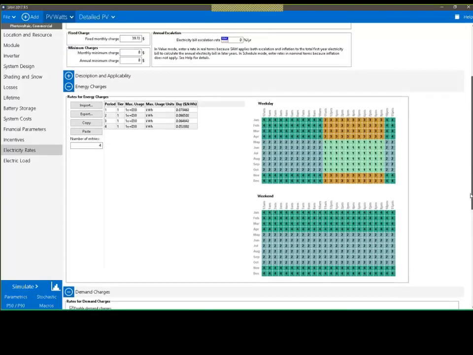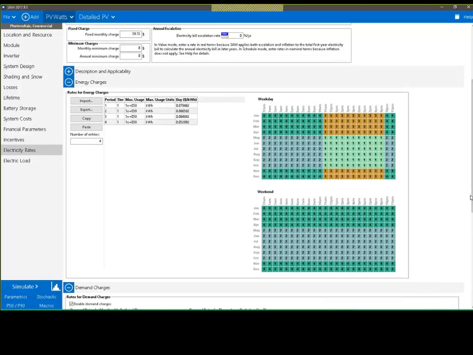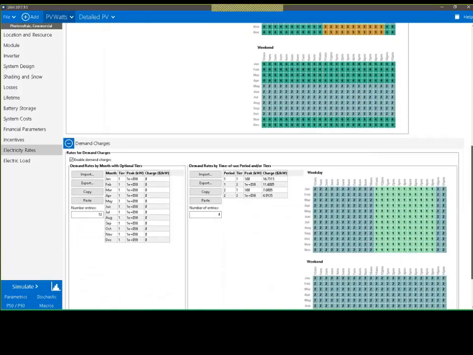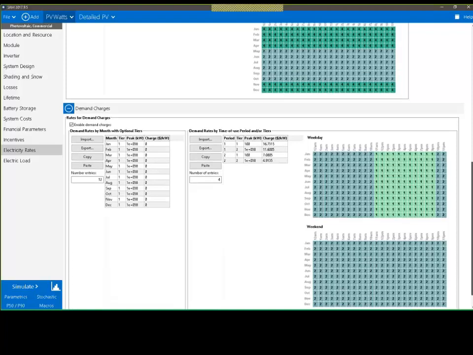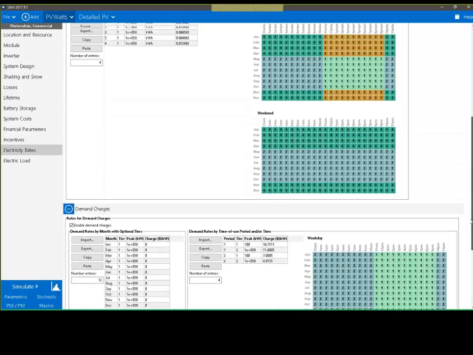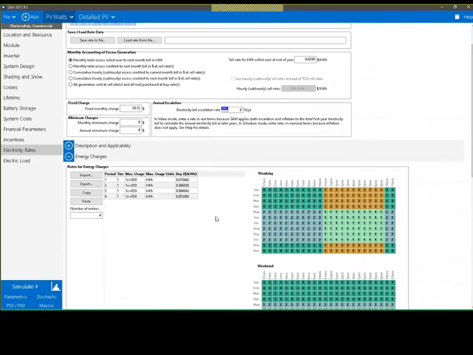So we have inputs for a simple flat rate, if that's what you're paying, or more complicated electricity rates with time of use rates and tiered rates and demand charges can all be modeled. And there's actually an online database that SAM communicates with, so it can automatically download the rate structure for thousands of utilities around the country.